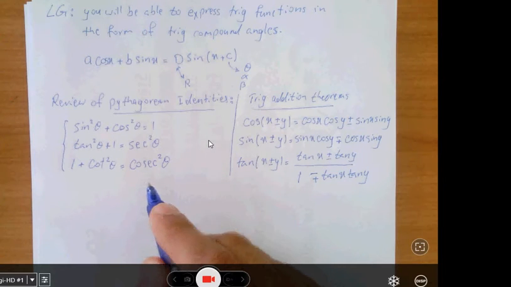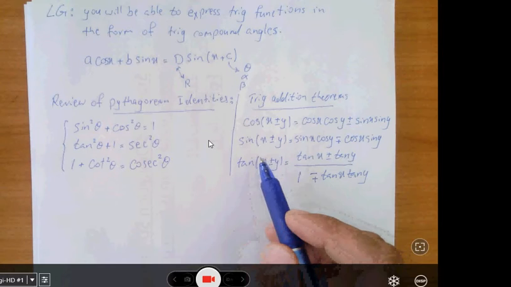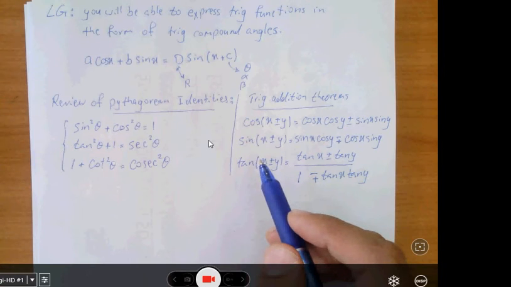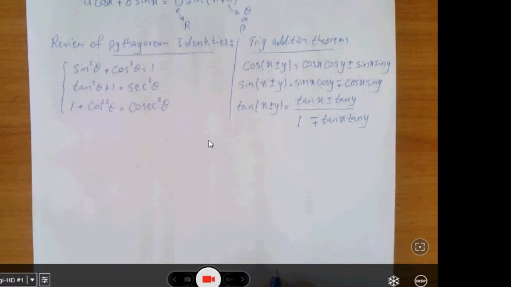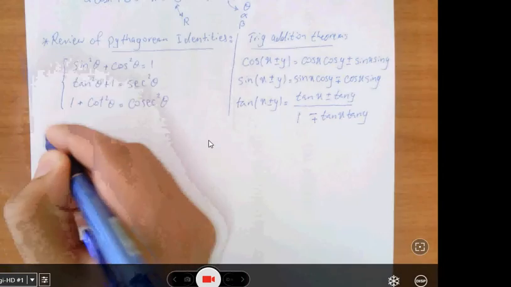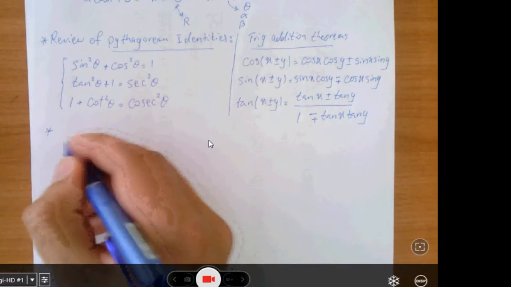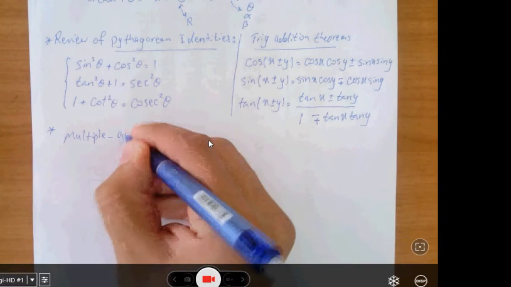But the fact that I don't need to remember these, that's a bonus. Yes, Maria? Why is the sign flipped so it's minus? Because if we go through the proof process, that's what happens. All right? Okay. Like I said, don't have to remember these. Very quick review. That was good. And the last one, just as a quick reference, I will write the multiple angle formula for you as well.